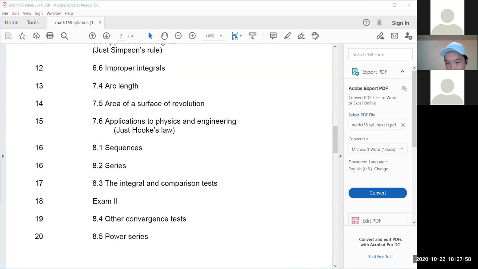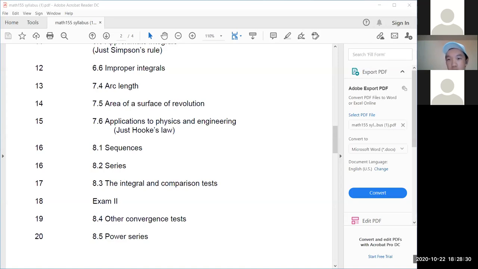So if we take 4 more lectures, then we have October 27th, 29th, and then November 3rd, November 5th, and then review for November 10th. Okay, yeah, November 12th does seem reasonable.